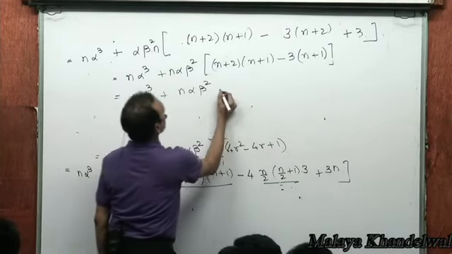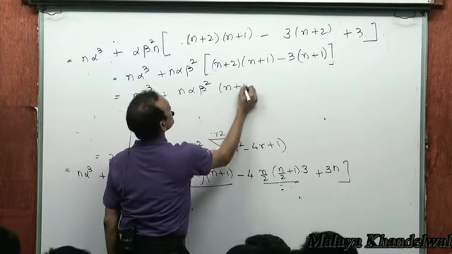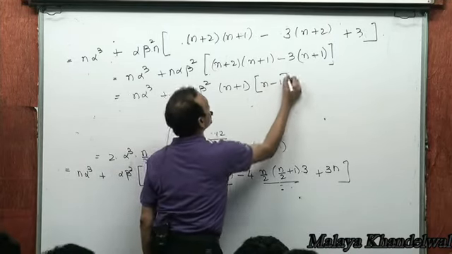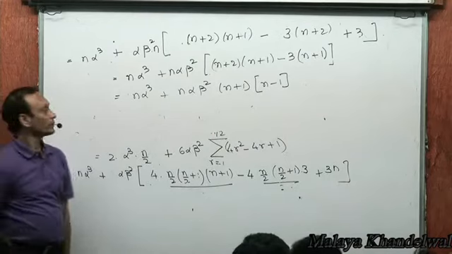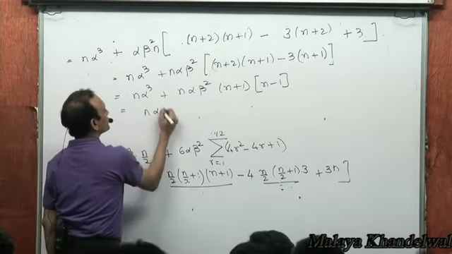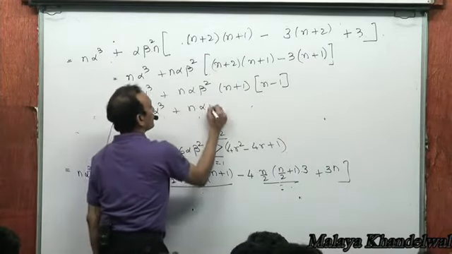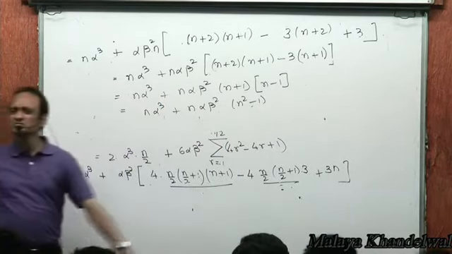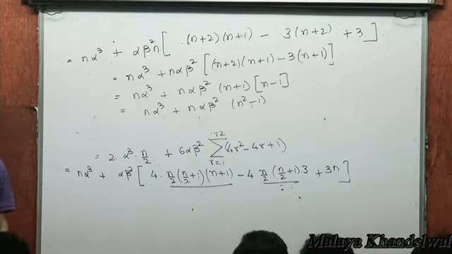I can again take n plus 1 common from this, and what I am left with is n plus 2 minus 3, which is n minus 1, which is n alpha cubed plus n alpha beta squared into n square minus 1. Is this the expression? Can you check if this is the expression that is required? Right?